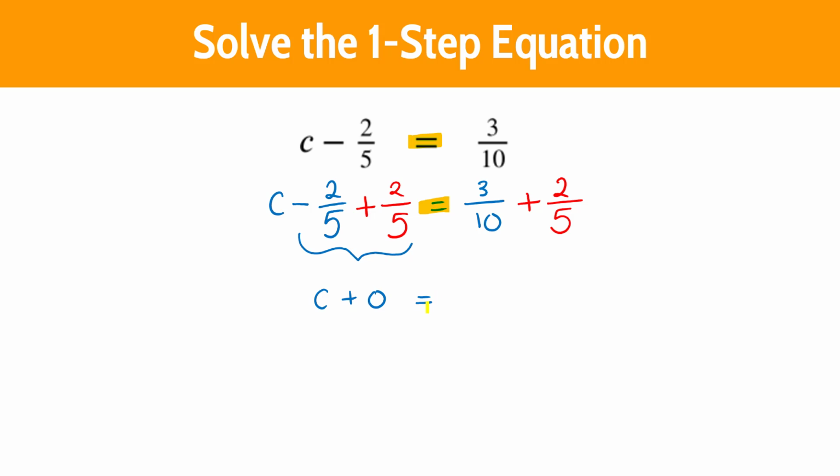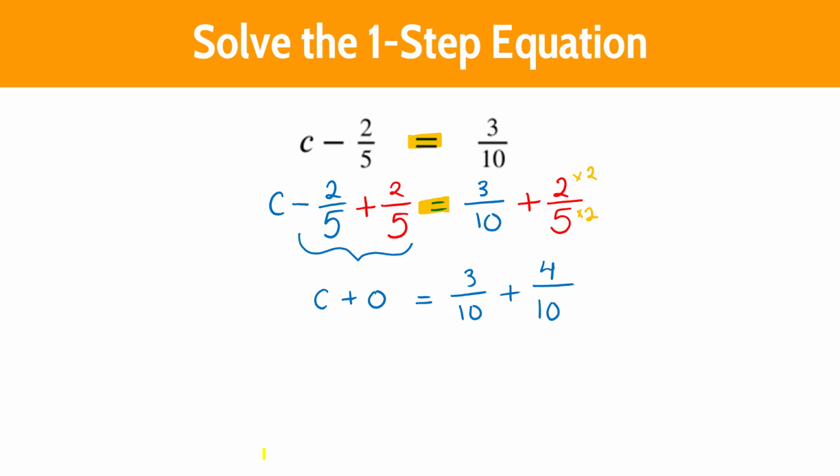On the right-hand side, I need common denominators to add those fractions. So I'm going to make an equivalent fraction here. Times 2, times 2. I'm choosing times 2 so that my denominators can both be 10. So now the fractions on the right would look like 3/10 plus 4/10.